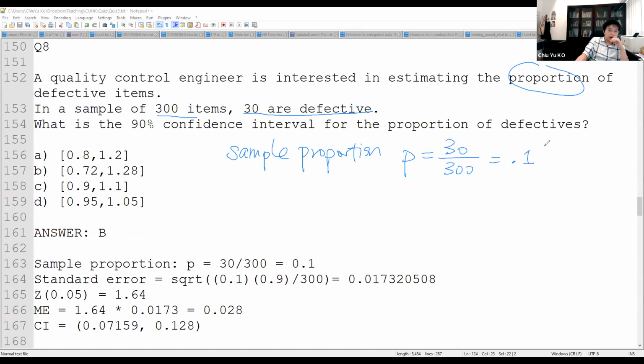Here the sample size n is 300. So you know the sample proportion follows a normal distribution, because np and n(1 minus p) are both bigger than 5.